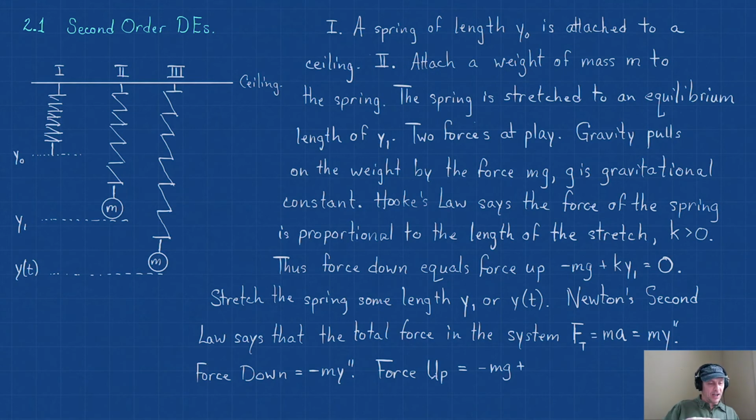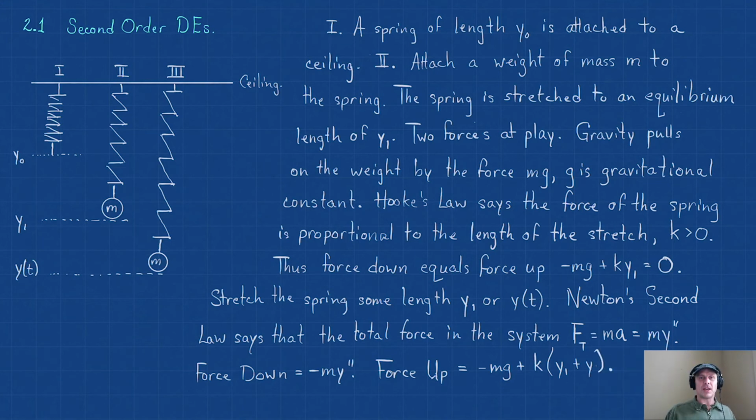Plus, but then now look at what we also have. We also have Hooke's law. We pulled the spring at rest, now we've pulled it even further. So now we can say that the length of the spring is k times y1 plus y, and that's y of t.